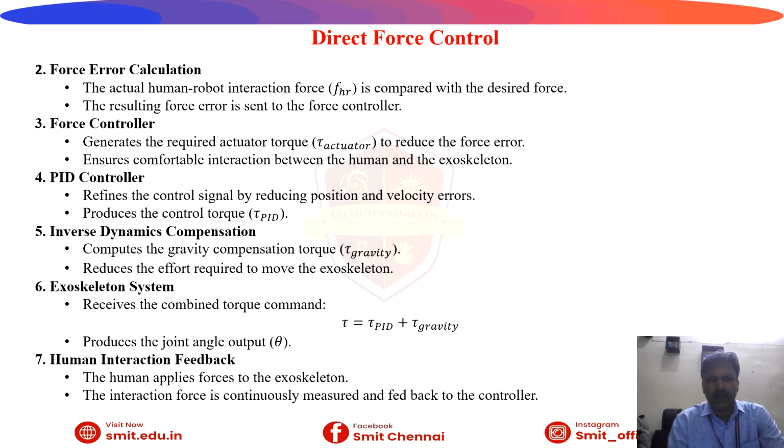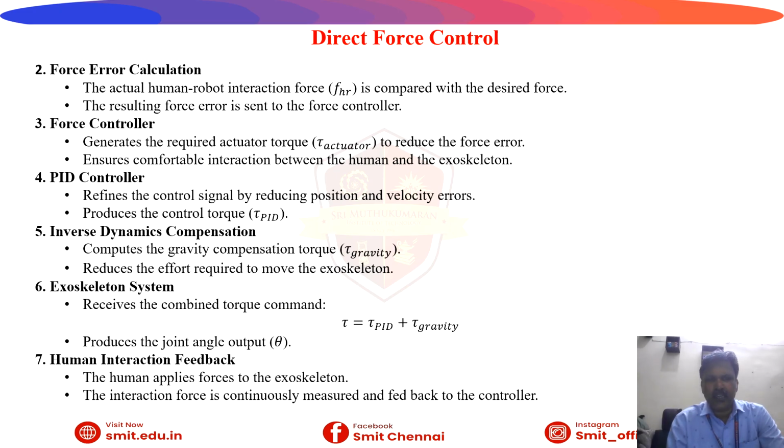The PID controller refines the control signal by reducing the position and velocity errors, and produces the control torque tau PID. Then inverse dynamics compensation computes the gravity compensation torque, tau gravity, which reduces the effort required to move the exoskeleton.